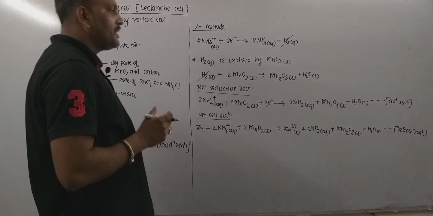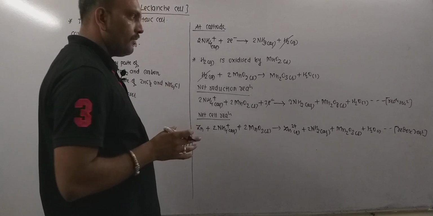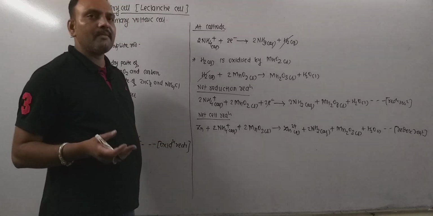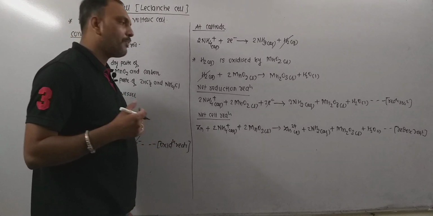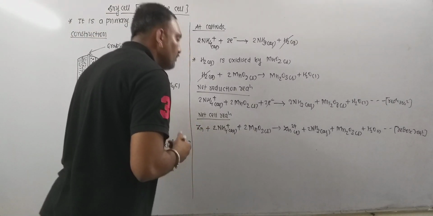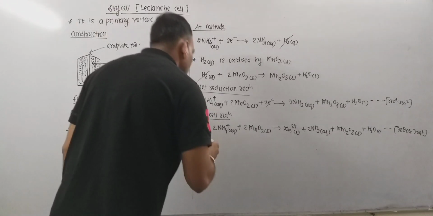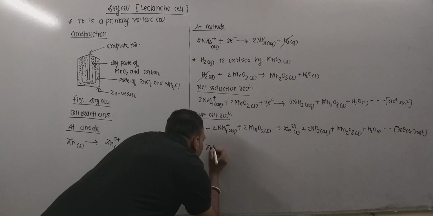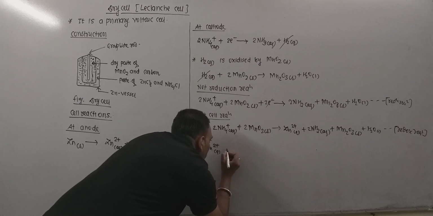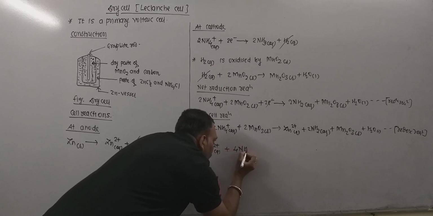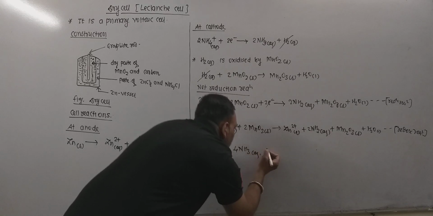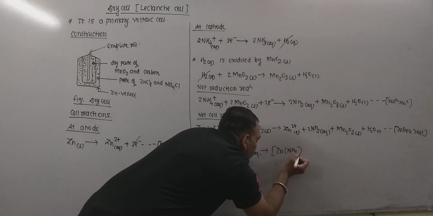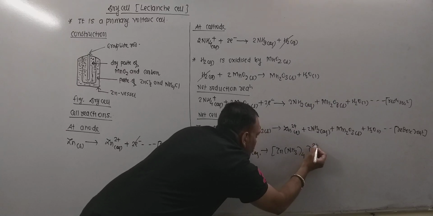Now the NH3 so obtained combines with Zn2+ ions, and thereby the formation of a soluble complex is initiated. So Zn2+ readily reacts with NH3, that is ammonia, and that leads to the formation of a complex.